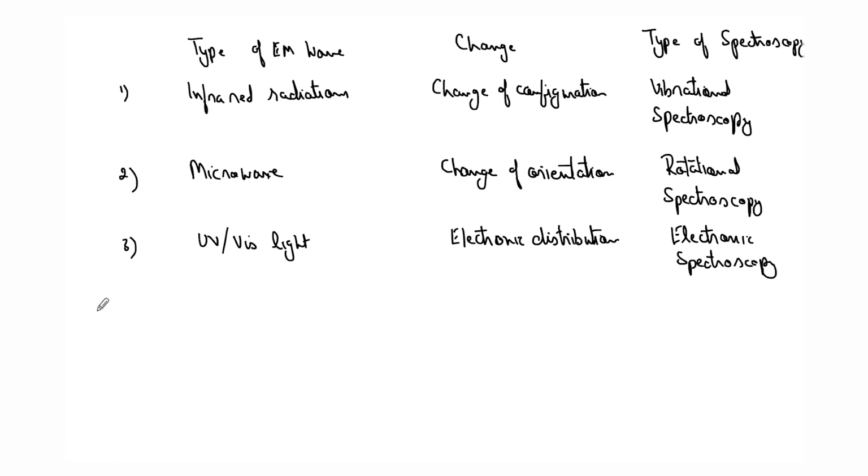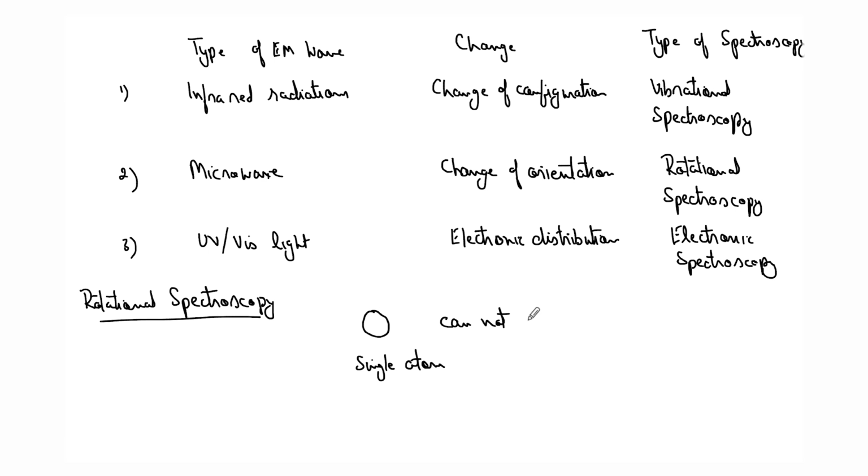Okay. So let us start with rotational spectroscopy. What is rotational spectroscopy? If you take a single atom, this cannot rotate, right? You cannot associate rotation with a single point, with a single atom.